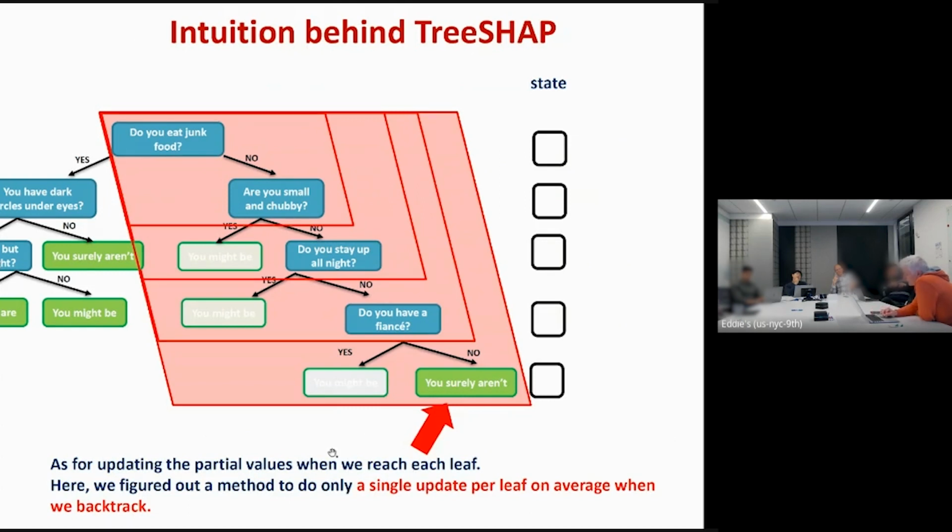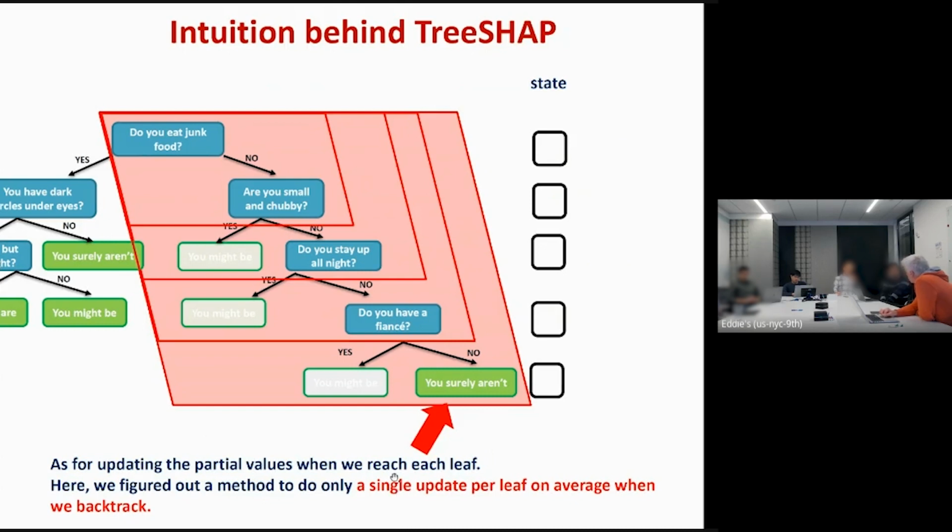And then we find a clever way of grouping up the updates and doing the backtracking. To compute the marginal contribution for each feature, they went d times up the tree, and we find a way to do it essentially on average once.